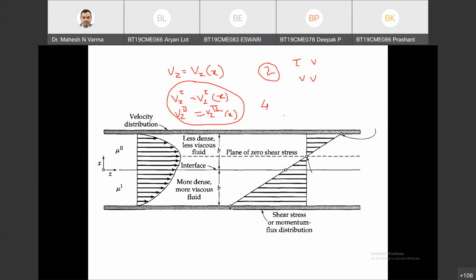Don't worry about this problem first of all. This problem can be solved using 4 boundary conditions if I have 4 velocity conditions: 2 for fluid 1 and 2 for fluid 2. Then the second case, when can this problem be solved?